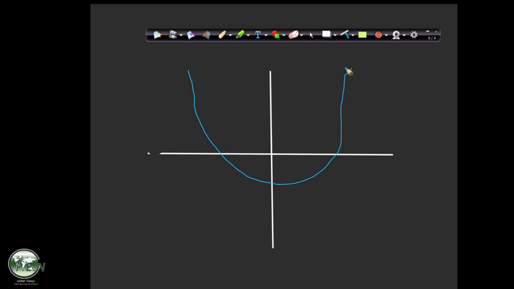What if I told you there are 4 important points on this quadratic that we want to find, and a lot of times one of those points is part of our answer. Where are the points that you think we might be interested in? Four points.